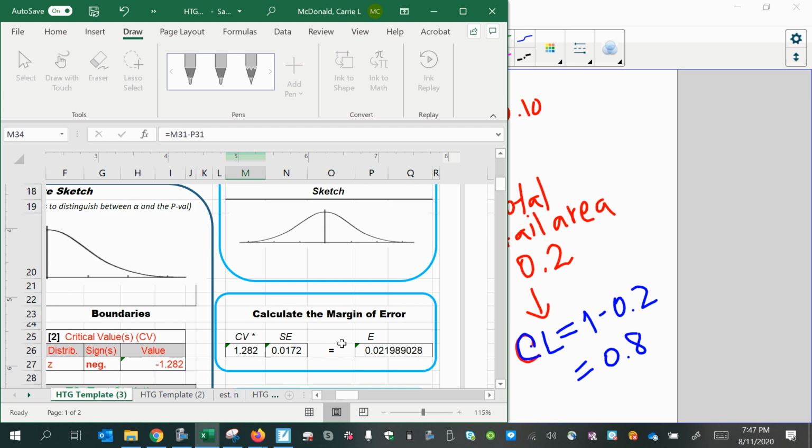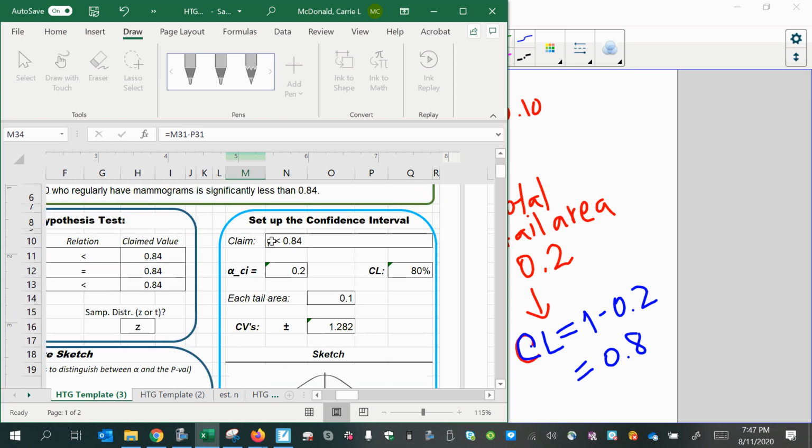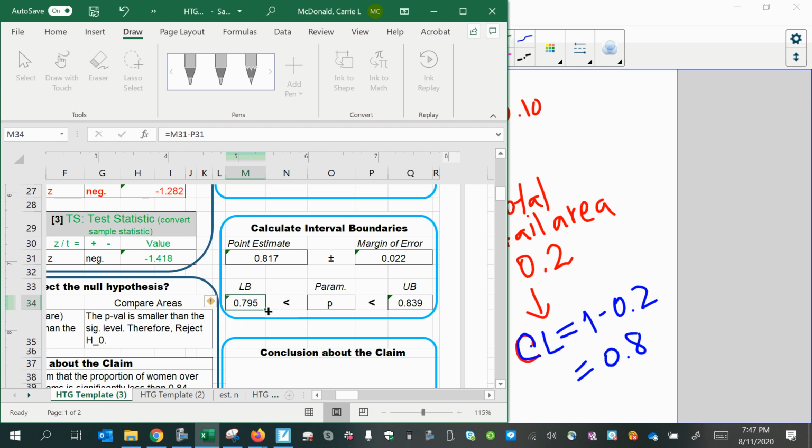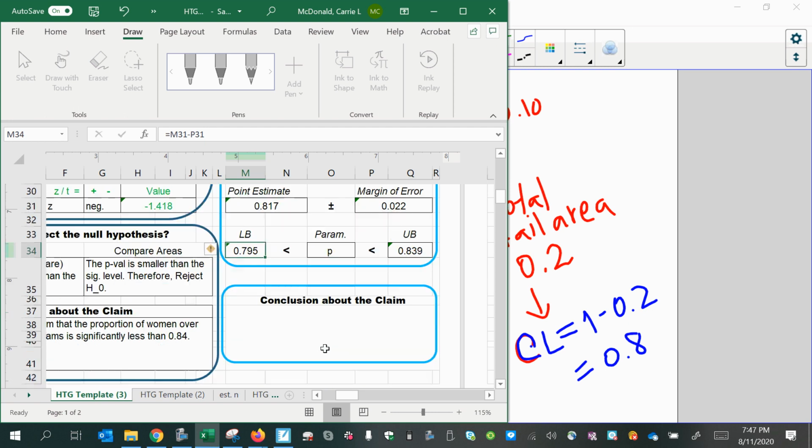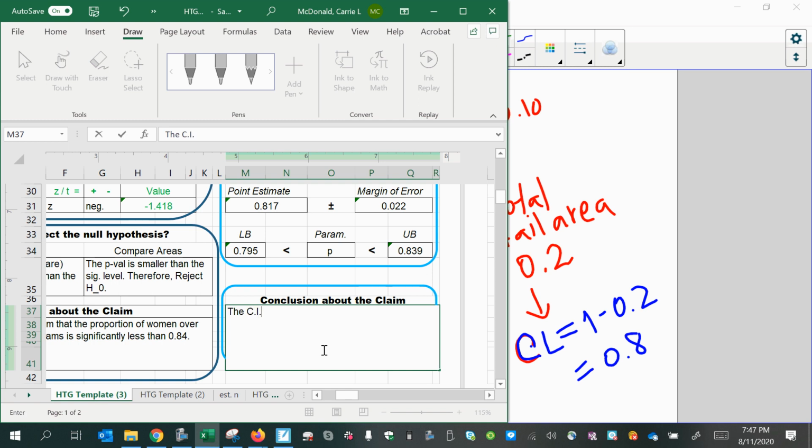So notice that my claimed value of 0.84 is not in that region. And in fact, both boundaries are less than 0.84. So because of that, I would interpret this confidence interval in regards to the claim by saying the confidence interval does not contain the claimed p of 0.84.